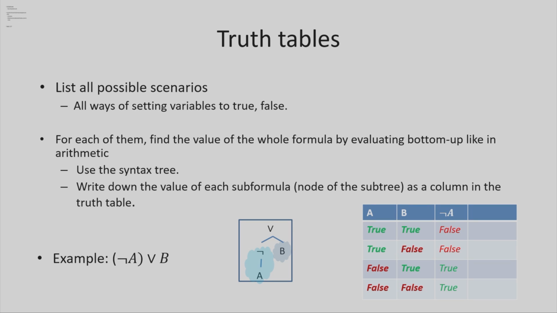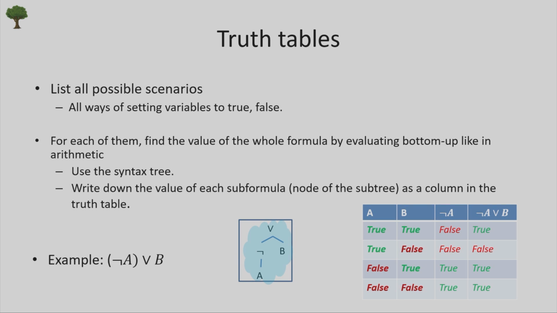Where A is true, we write false, and where A is false, we write true. So now we know what not A is in every scenario, and moreover, for the top thing in our syntax tree, the OR, we now have the values in every scenario of both things underneath it, so we can compute the OR. And this is what we do in the next column of the truth table, which in this particular case is our final column.